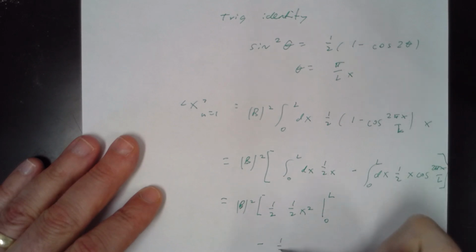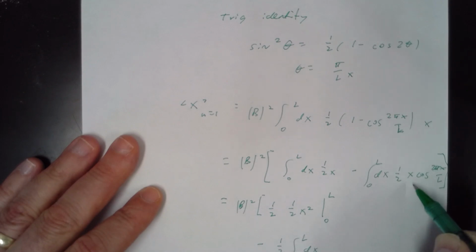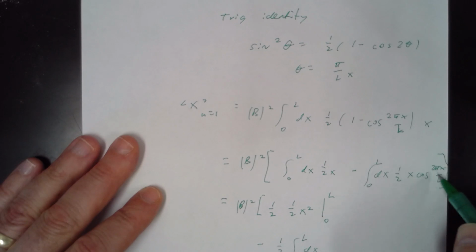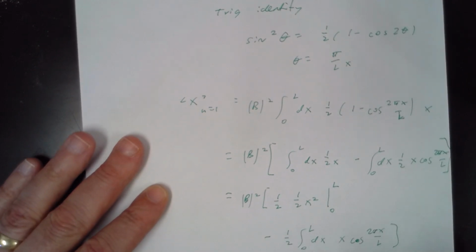I'll pull out my 1/2, integral 0 to L dx. I've got to integrate x times cosine of 2 pi x over L. So that's going to be an integration by parts, which I'll show you on the next page. I'll just go ahead and rewrite this x cosine 2 pi x over L. Do that integral in a minute.